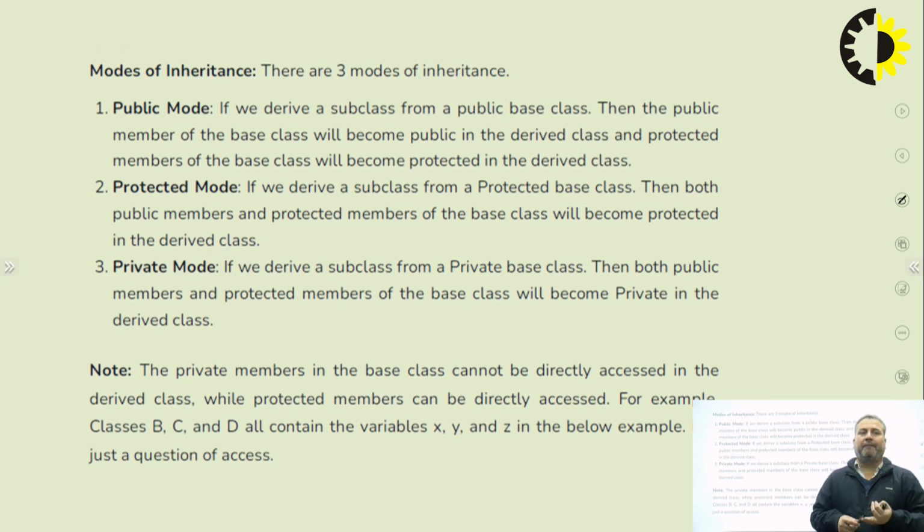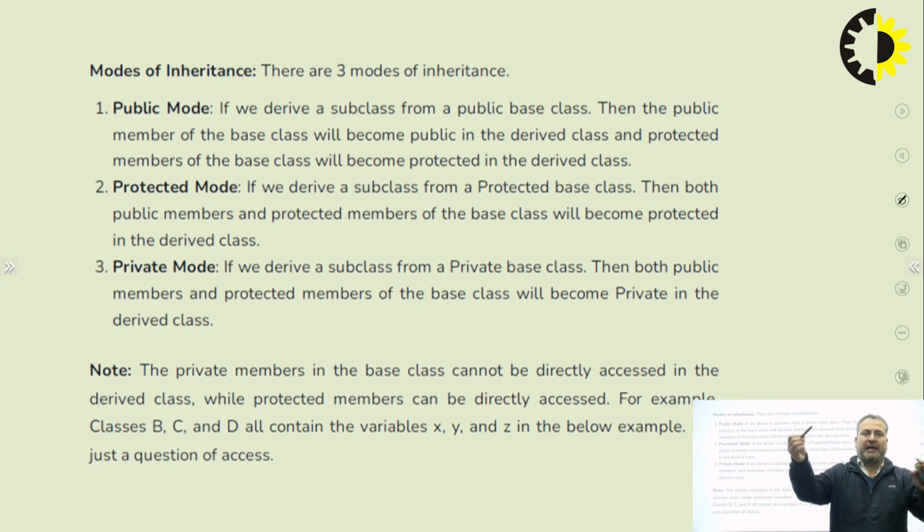There are only two things: data and function. That data could be private, public, or protected. The function could also be private, public, or protected. But if the data or function are in private mode, they can only be accessed by the member function of that class, right?